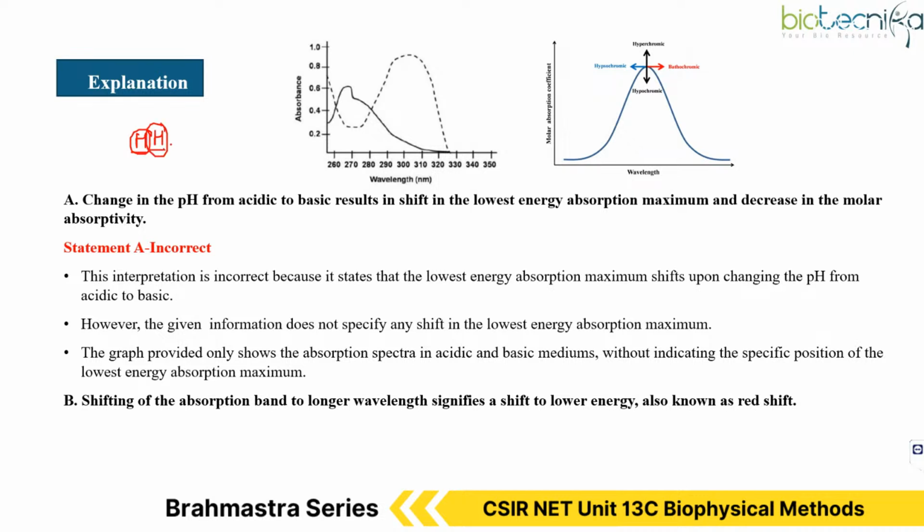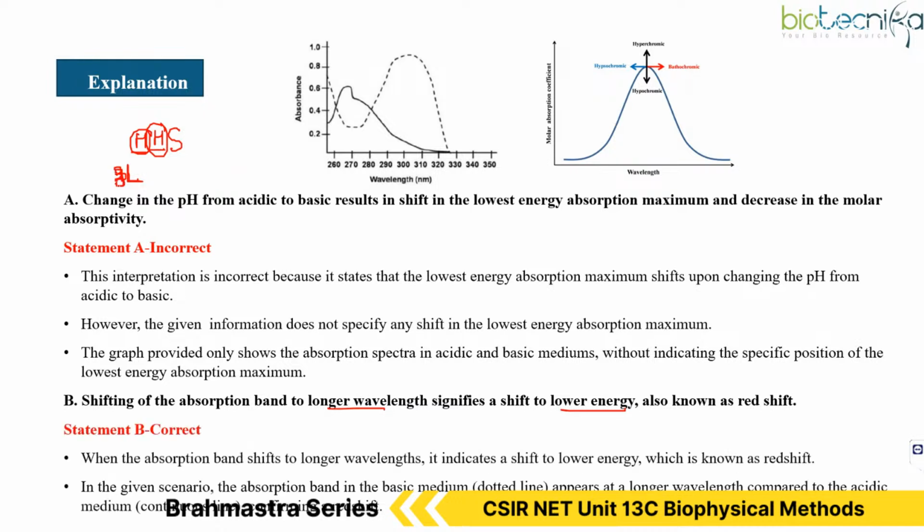Energy and frequency are directly proportional, wavelength is inversely proportional. Right? So when I say longer wavelength, that means lower energy. You can learn it this way also, 3L. Okay, these keywords you can remember: lower the energy, lower the frequency, longer the wavelength. This is indicated by 3L.